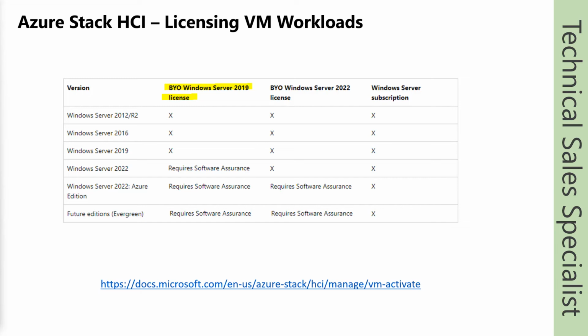Also in the OEM license, we have a downgrade right to previous versions, so we can execute Windows Server 2012, 2012 R2, 2016, 2019. If we want to execute a later version, we need software assurance. If we have software assurance, you know this, then you have included the usage rights for later product versions.